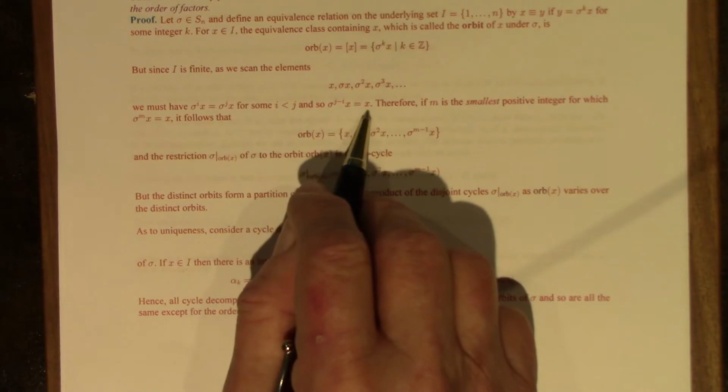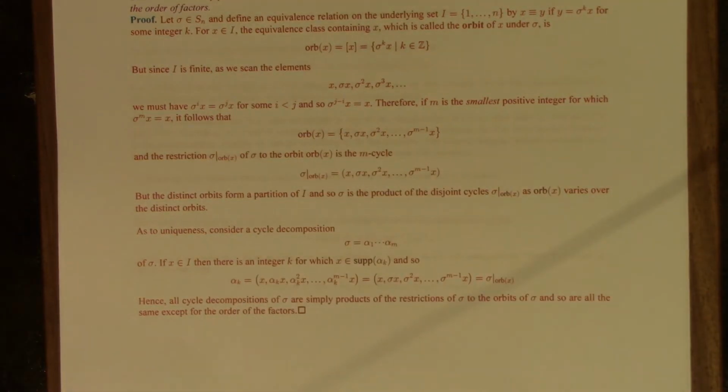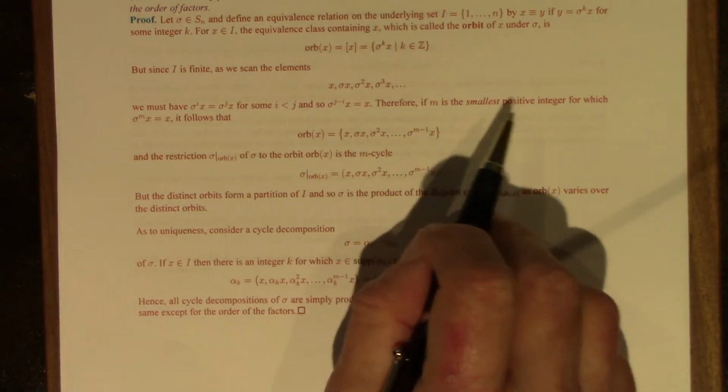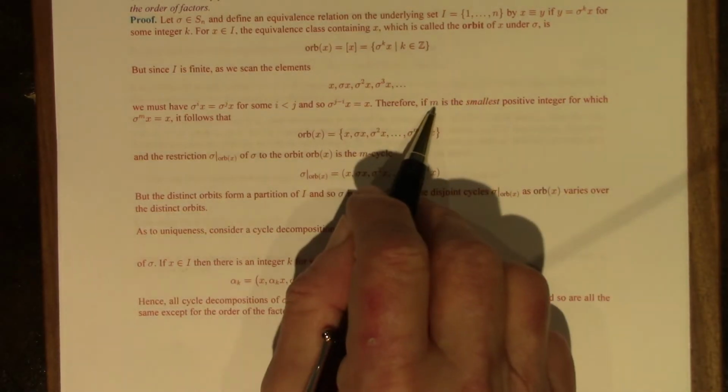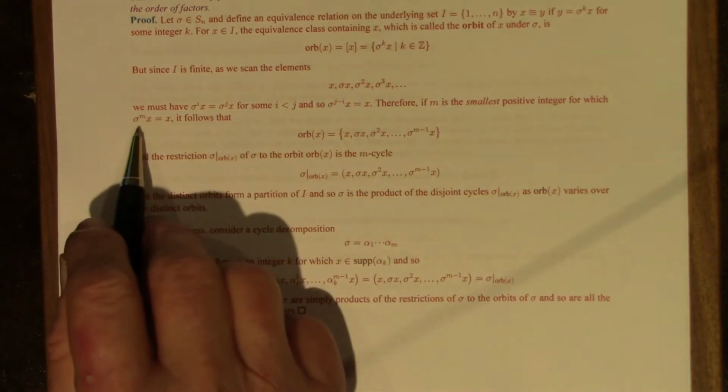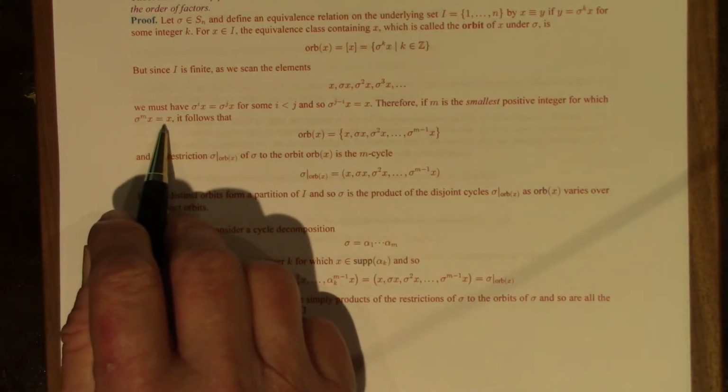It sends x to itself. Okay, that's good. What to do? Well, the extreme witness principle would suggest that we take a look at the smallest positive integer, m, for which sigma to the m of x equals x.